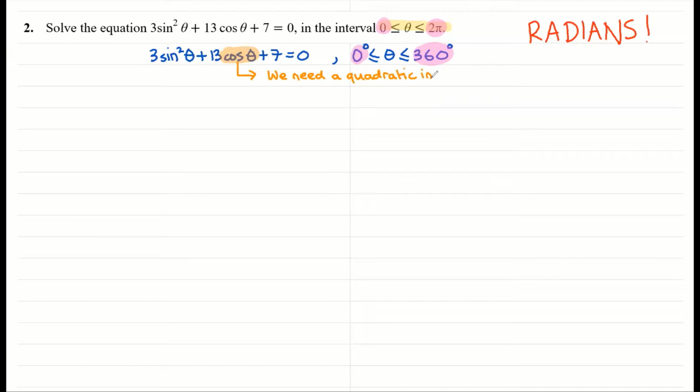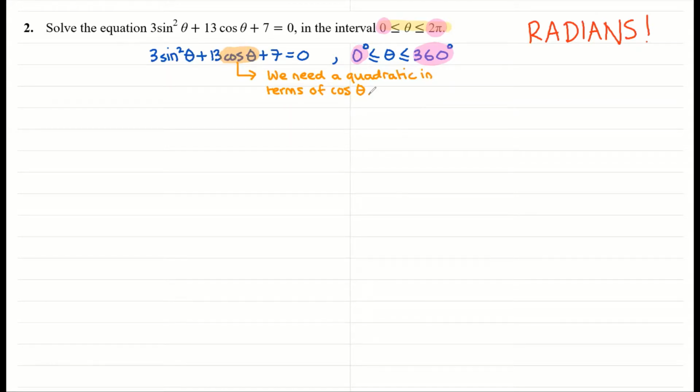It's not going to be in terms of sine theta. You always use the linear term as the guide. The linear term tells you what trig ratio to convert it into.